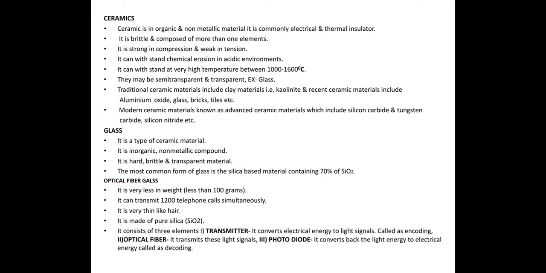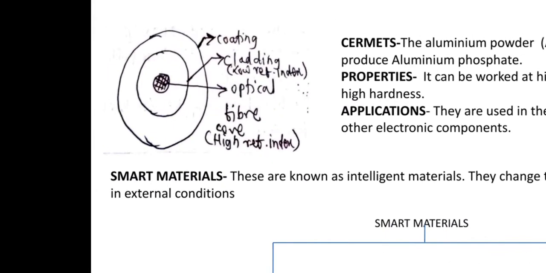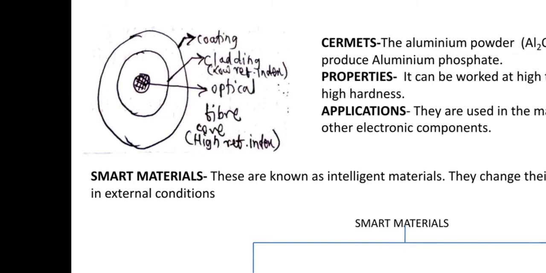Then optical fiber glass. Now you see the diagram. Basically, optical fiber glass is a flexible transparent fiber made by drawing silica glass or plastic to a diameter slightly thicker than that of a human hair.